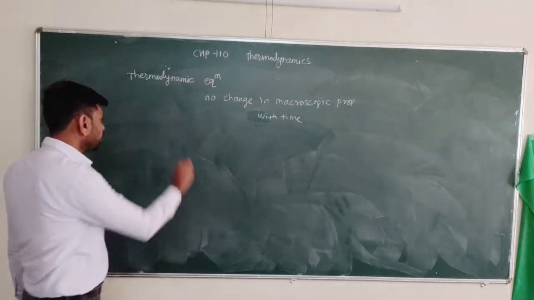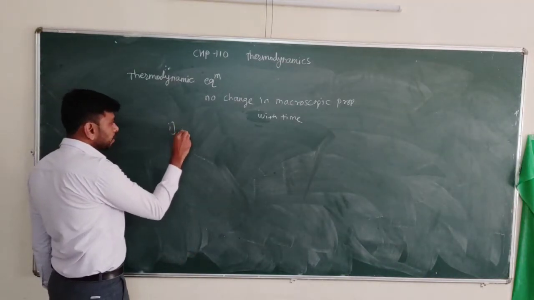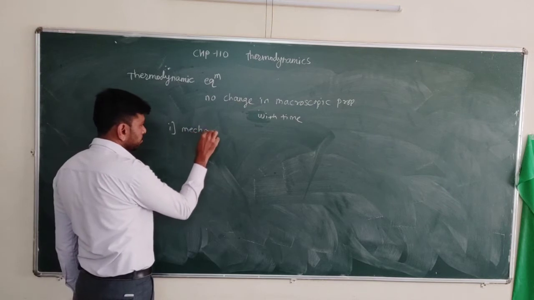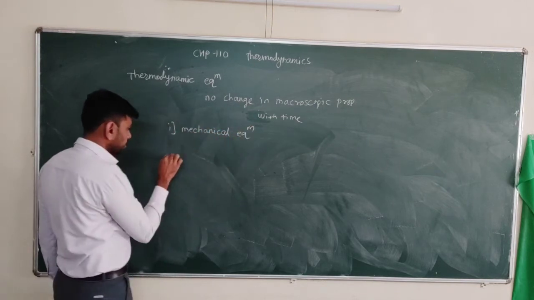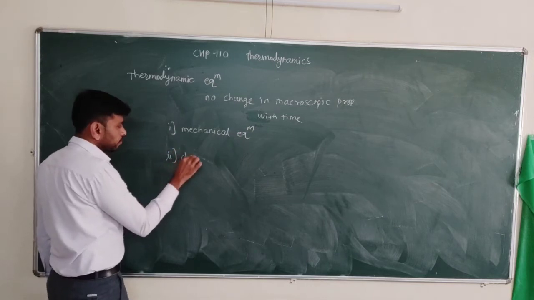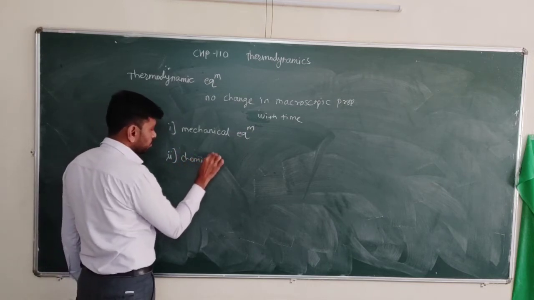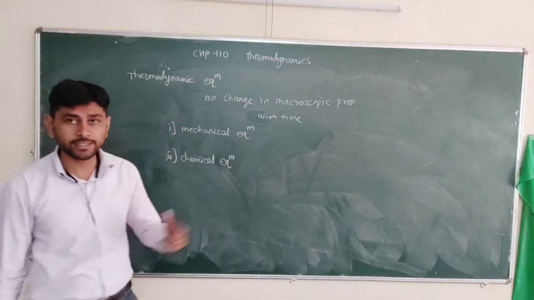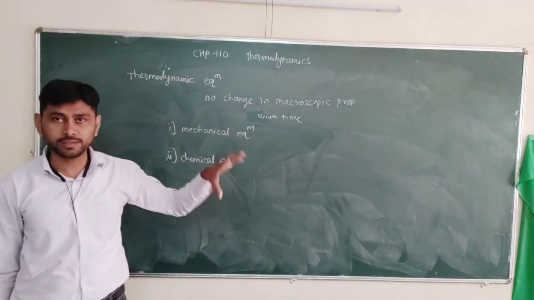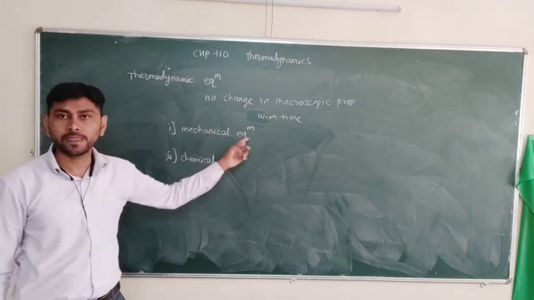We have to consider two types of equilibrium: mechanical equilibrium and second, chemical equilibrium. It means there will be no change in particular quantities, then we say the system is in equilibrium.